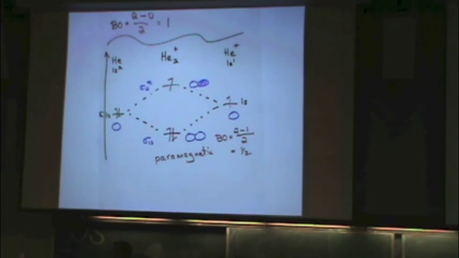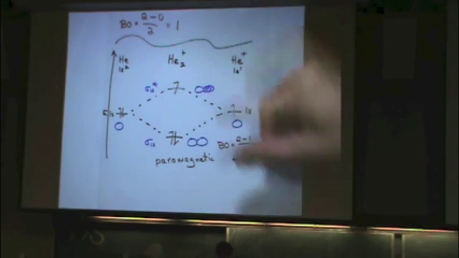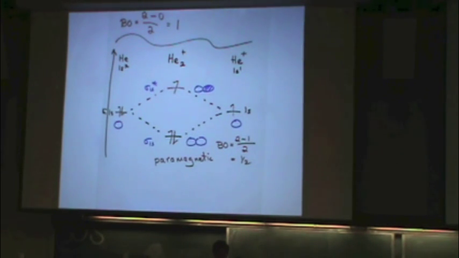Is this bond length relatively long or relatively short? Relatively long. Is it relatively high energy or relatively low energy? Low energy relatively. Good. By the way, what would it mean if I had a helium neutral here, or I was forming helium-2?